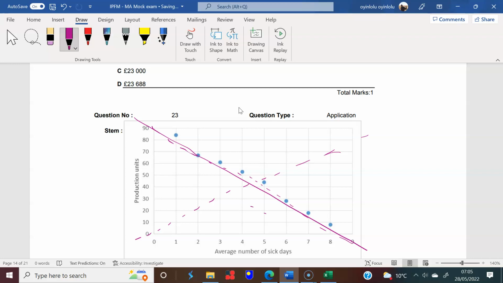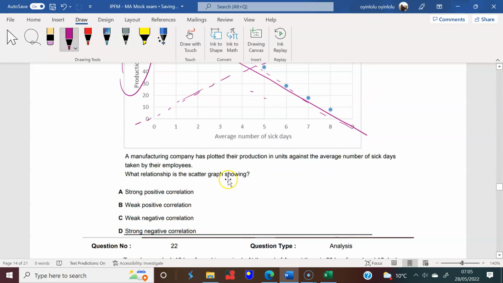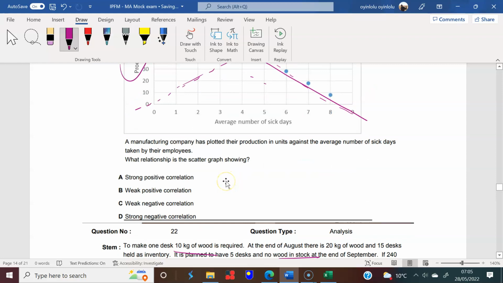The correlations can be strong as long as we see strong relationships between the variables. We can argue for strong and weak correlation. So what we have here is strong negative correlation.